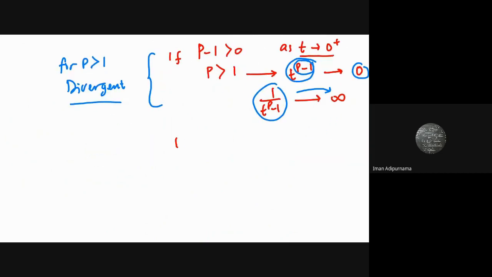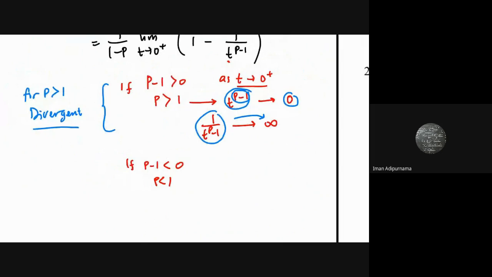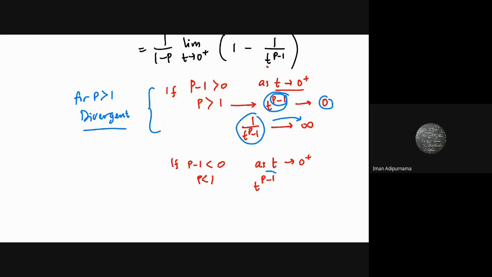And if p minus 1 is negative, so as t is getting to 0 from the right, we will have t to the p minus 1, and if this is negative, this will be 1 over t.